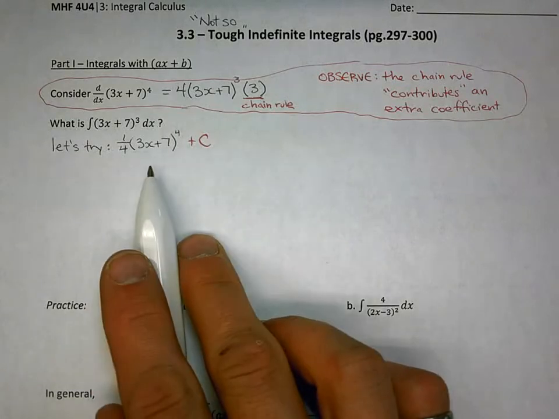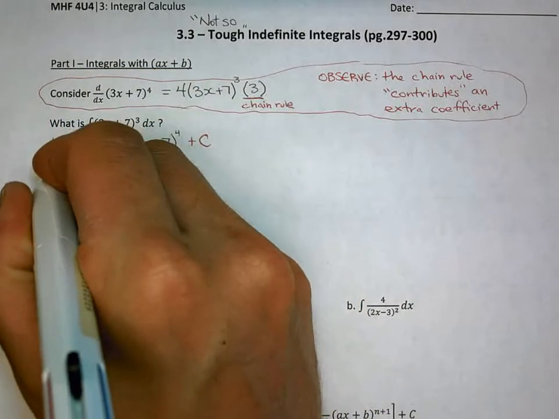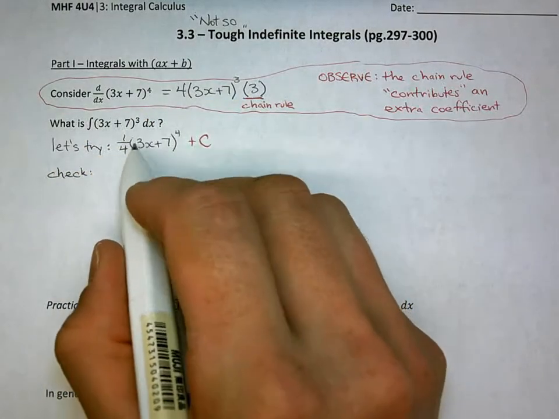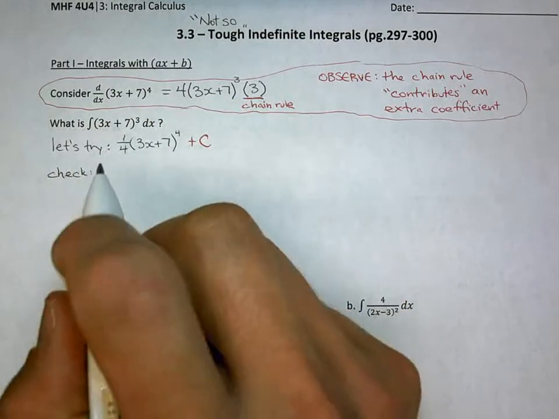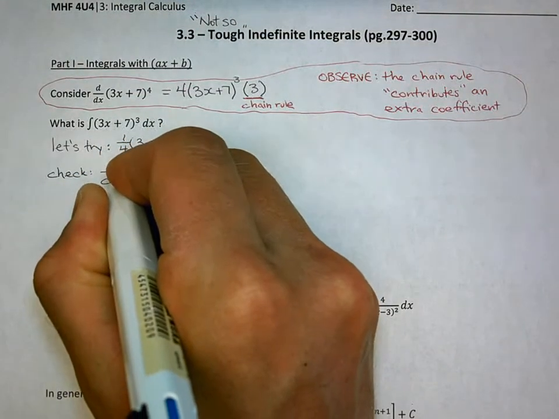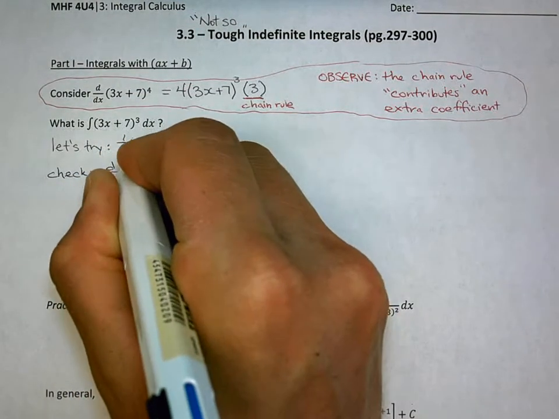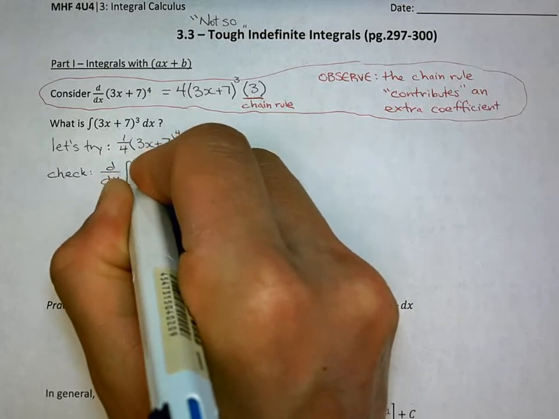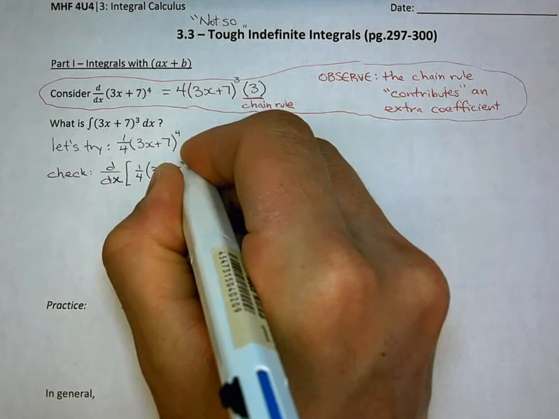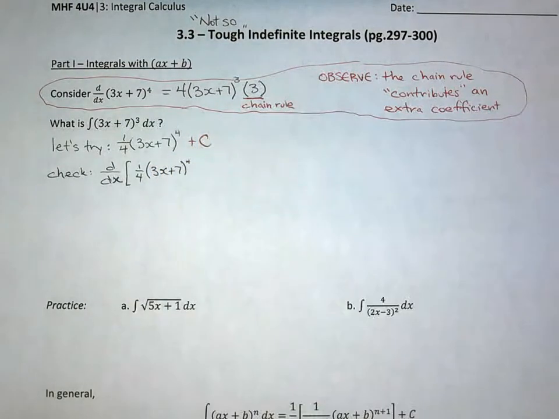Okay, so we tried that. Let's check it. How can I check if my integral is correct? Well, I take the derivative of this, it should give me this. So it would be 1/4 (3x plus 7) to the power of 4 plus c.